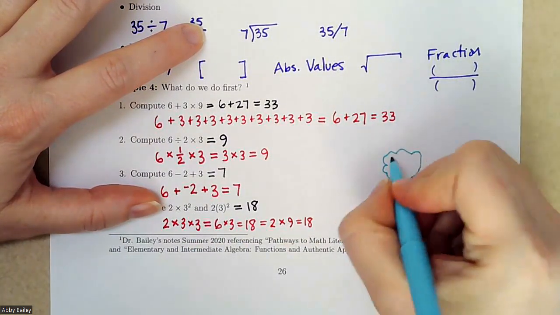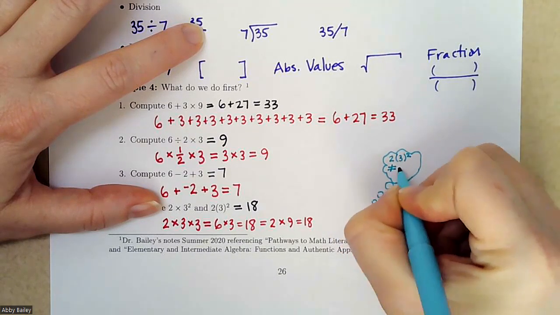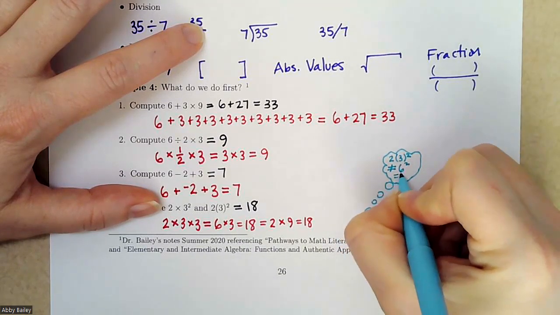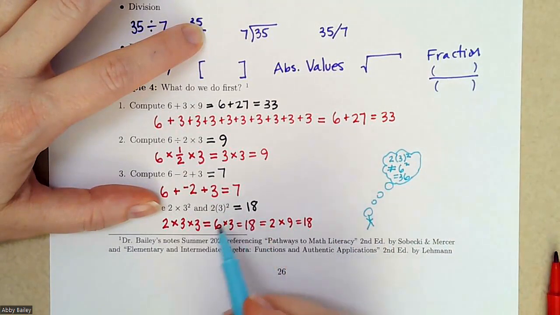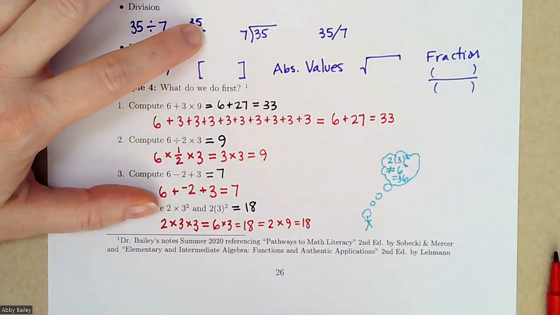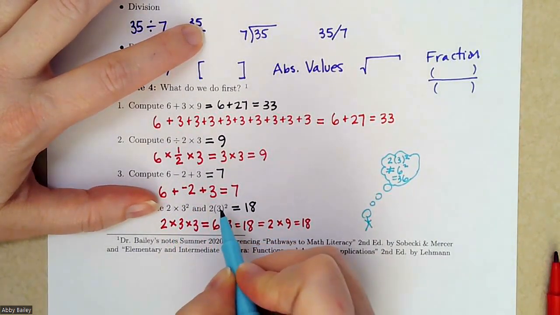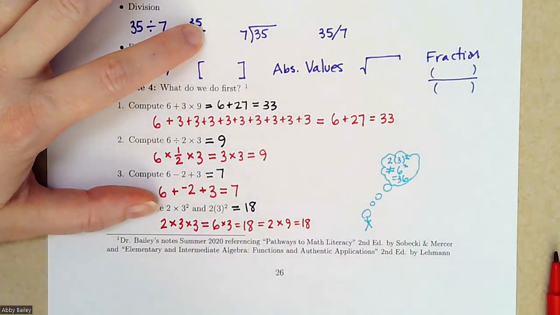So 2 times 3 squared does not equal 6 squared, which is 36. We know that it's really 18 by writing it out. So make sure you do exponents before the multiplication. Same here, the 3 is what is being squared, and then the multiplication.